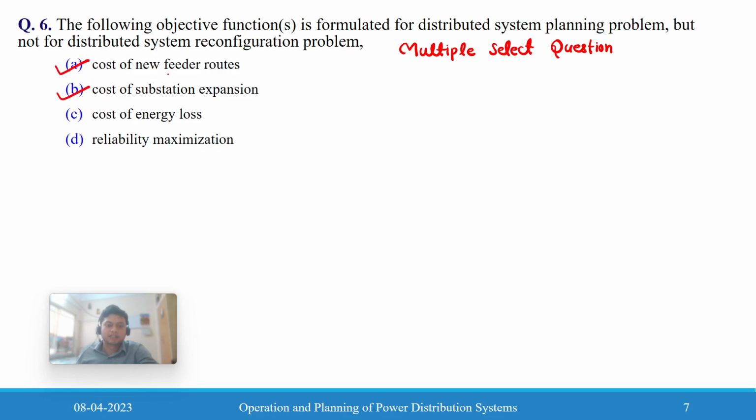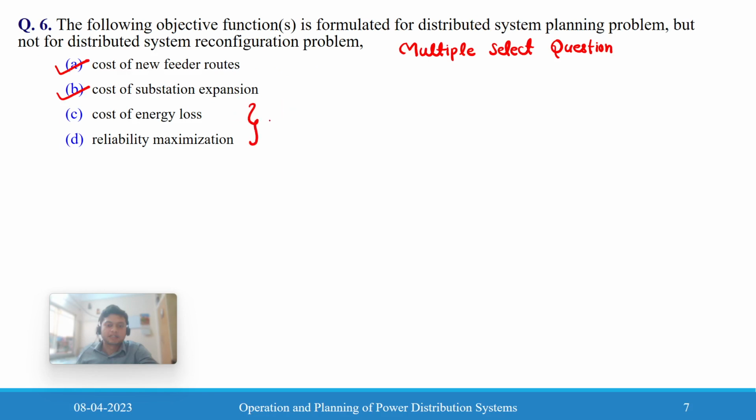These are expansion problems, power system planning problems, in which we want to expand the power distribution system. And in the others we are operating the switches in the power distribution network such that we can reduce the power loss or maximize the reliability. So C and D are for the distribution system reconfiguration problem, and A and B are for the power system planning problem.